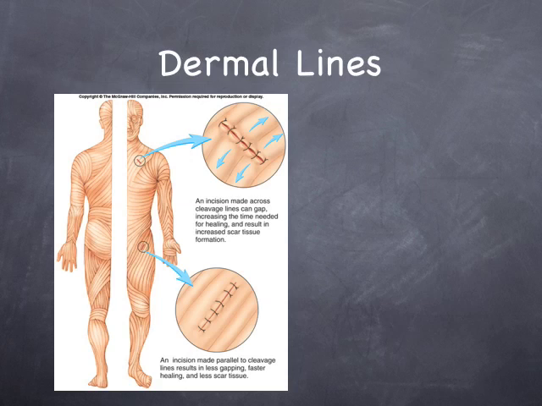Then the fibers just come back together and heal back together this way. So this is a basic pattern of collagen fiber in the skin. It may vary slightly from person to person, but there are some major patterns to how those fibers run in various areas.